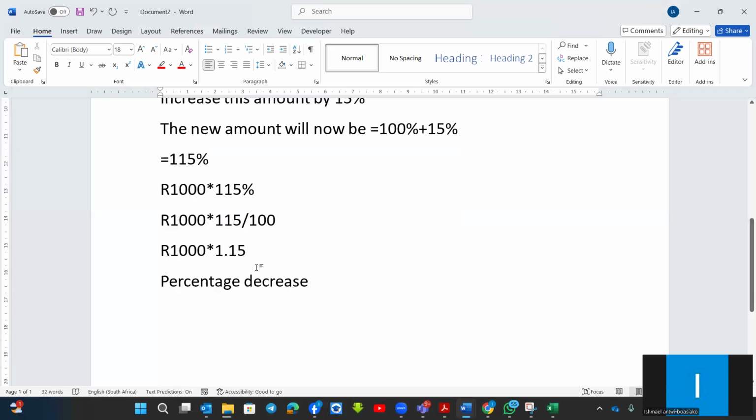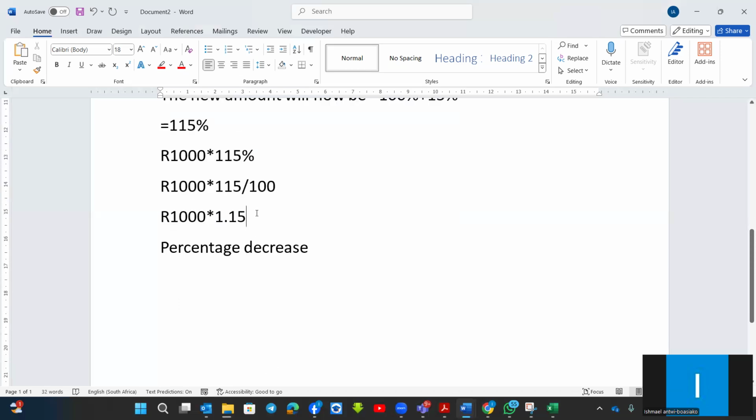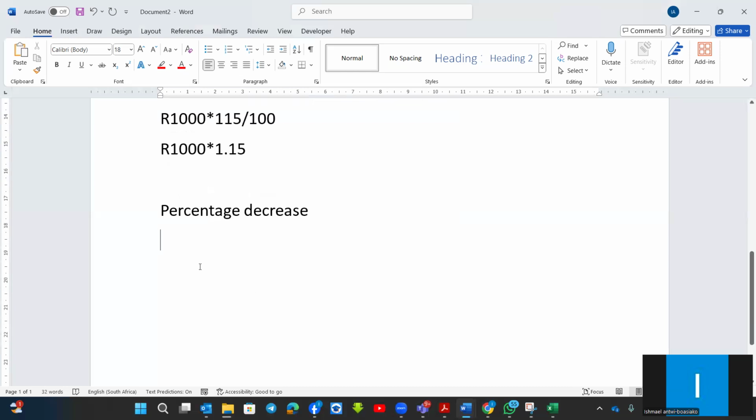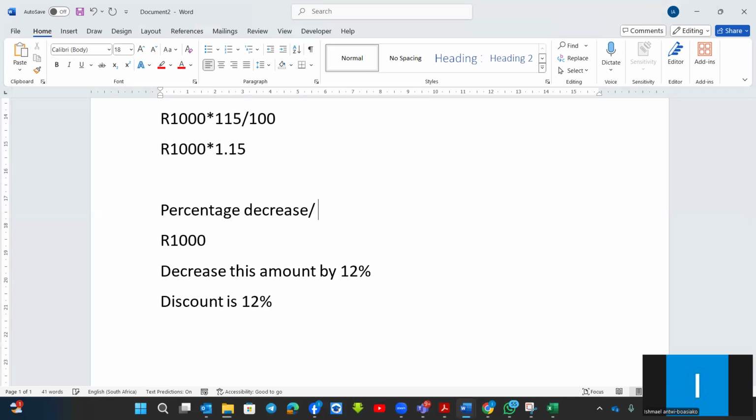For the percentage decrease, let's say we are subtracting. We have an amount of 1,000 and then we want to decrease this amount by 12%. Or in other words, maybe the discount is 12%. So percentage decrease can also be related to discount.